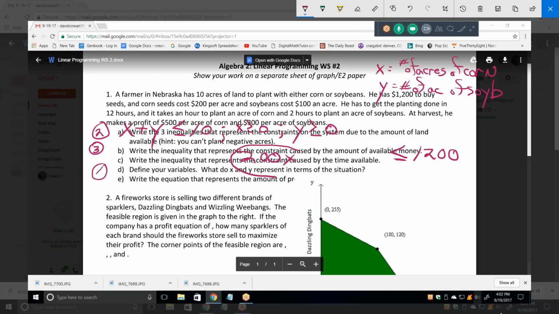That will tell you how much he's going to spend on corn. Okay? But he's also got what he's going to spend on soybean. So plus, what's the soybean part? 100Y. Good. So there's the inequality that is produced by his money limitation.